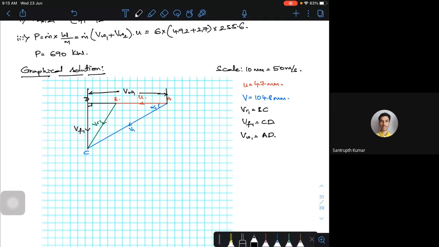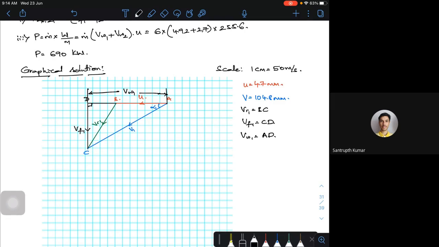Say for example I am getting VR1 as maybe 6 centimeters or 60 mm, roughly, I am just telling. You multiply by that particular 50. It may be 5 centimeters or whatever it may be. Let me go with centimeters only, because these graph sheets are made of centimeters.